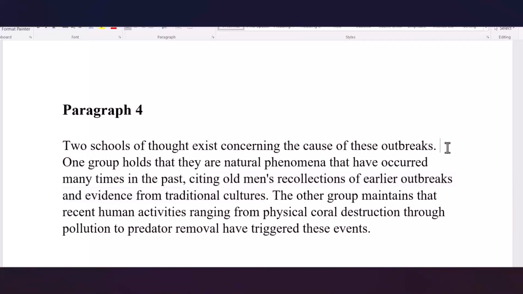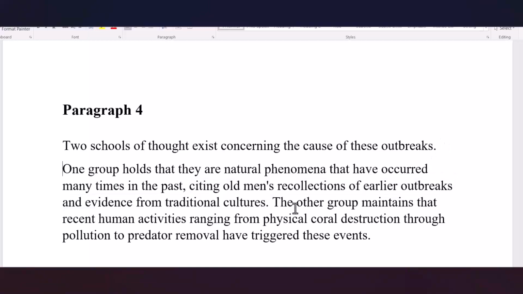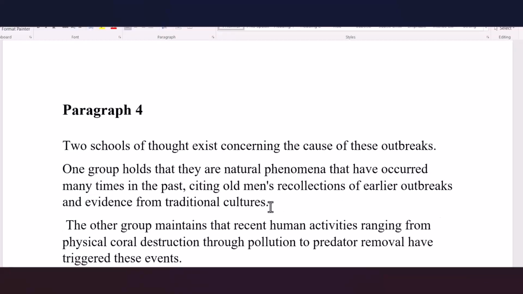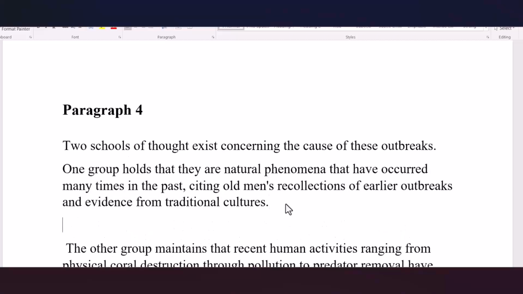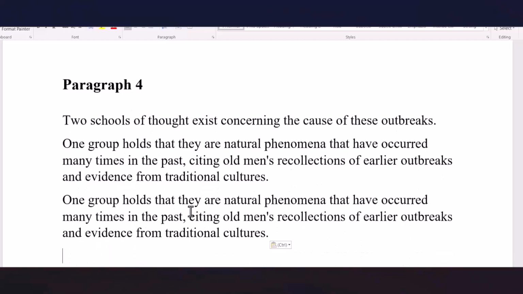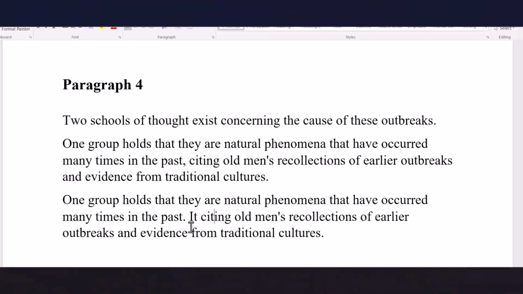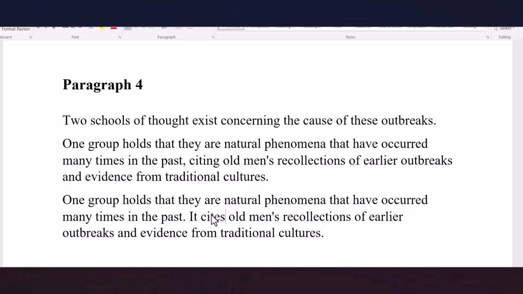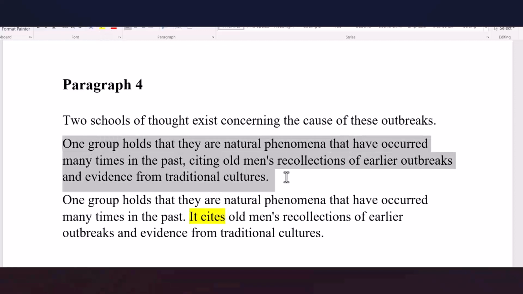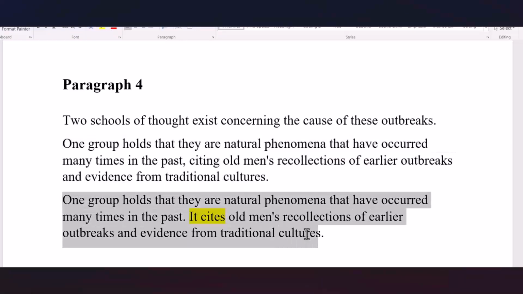The original form of this sentence has been this.